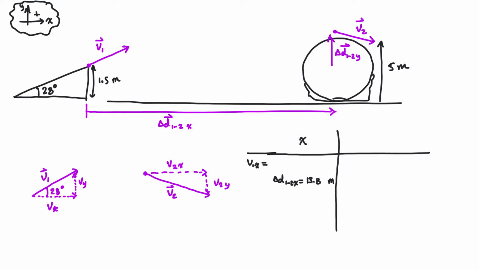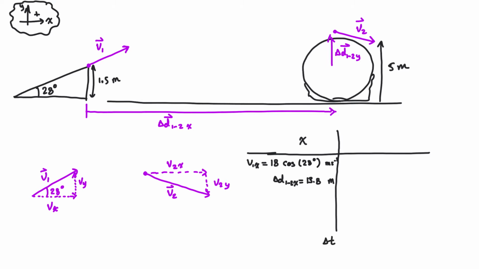And v1x is going to equal to V1 itself, which has a magnitude of 18 meters per second, so that's my hypotenuse. In this case, for the x direction, it's adjacent, and for adjacent, using trig ratios, it's going to become cosine of 28 degrees, and my unit is meters per second, and that's it.